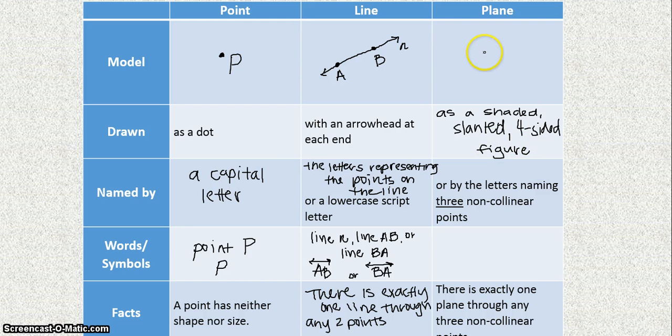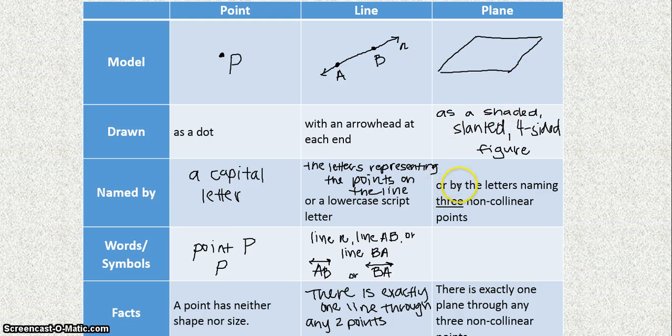Now it's hard to shade it as we draw it and still see everything that's going to go on inside of it. So when you see a picture of it in your book especially, it will be shaded. When you draw one, you do not need to shade it, but you do need to make it slanted and with 4 sides. So here's my plane.